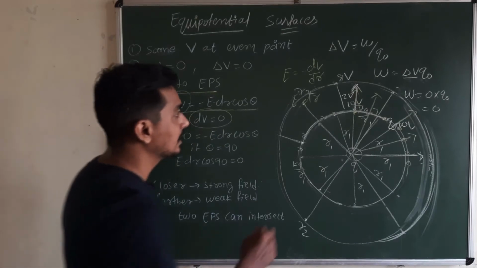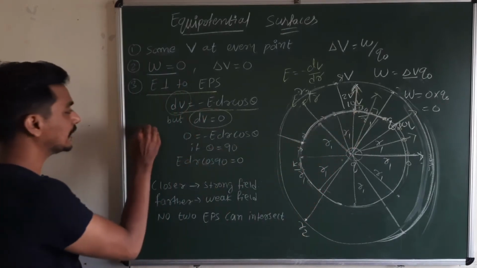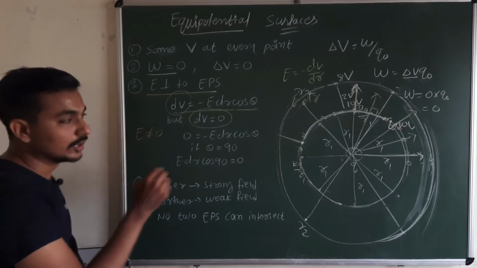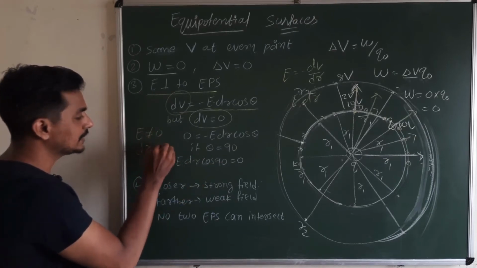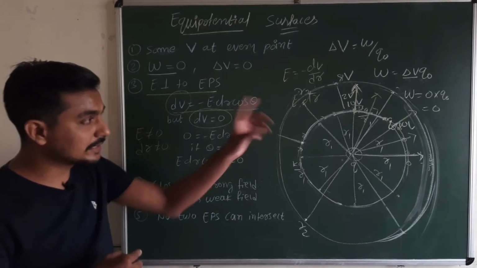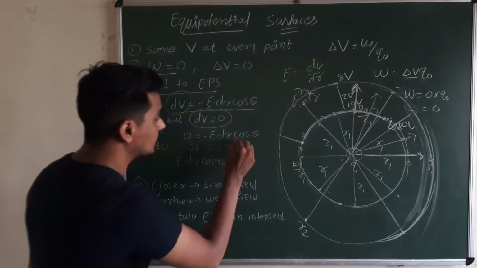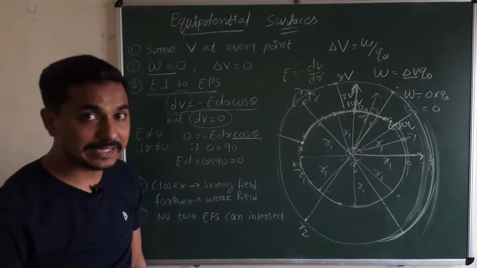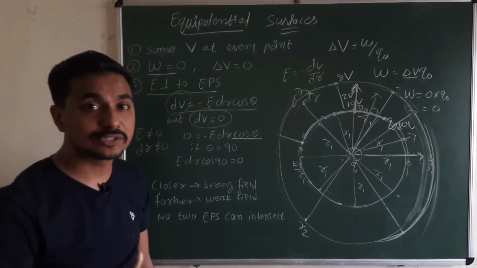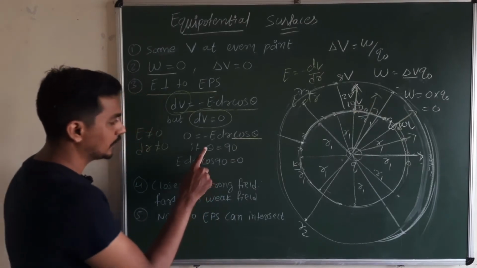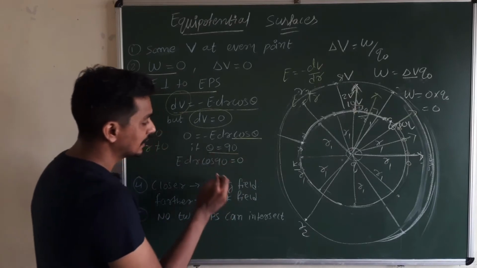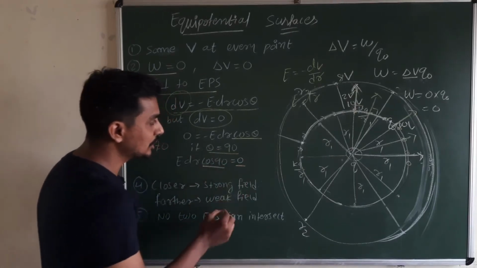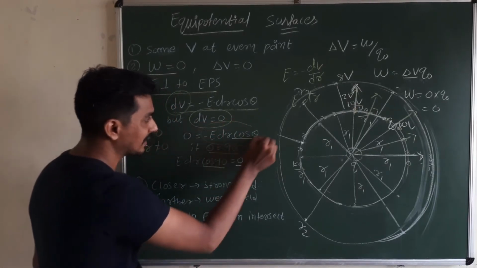But we know that the electric field E at that point is not 0. Also the distance dr is not 0. So what is 0 there? The value of cos theta is 0. Cos theta is 0 when theta is equal to 90. So if theta is equal to 90, then cos 90 is equal to 0, and this whole term will be 0.